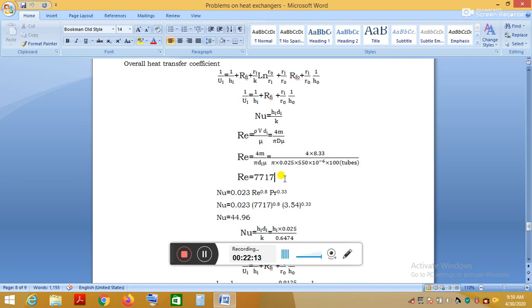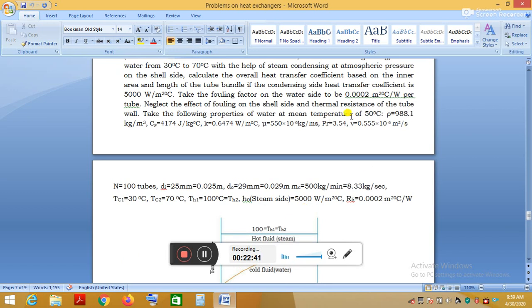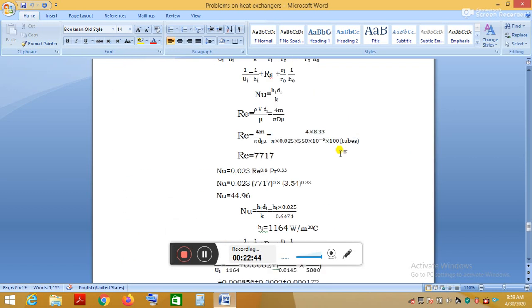For turbulent flow, for a fully developed flow, we have the Nusselt number equation equals 0.023 Re to the power of 0.8 Prandtl number to the power of 0.33 from the data book. For internal flow in forced convection, you will get this equation. Substituting the value of Reynolds number, and the Prandtl number value is given in the problem itself, we will get Nusselt number.